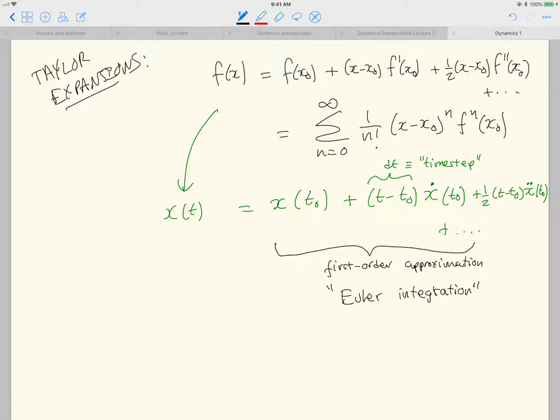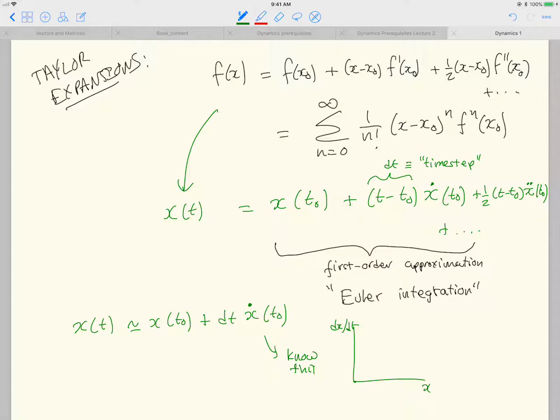Okay, so then what we're going to say is x of t is approximately x of t naught plus dt times x dot of t naught. That's the first order approximation. x of t, this is what we know. Remember when I said we've got a plot where we've got dx by dt as a function of x.